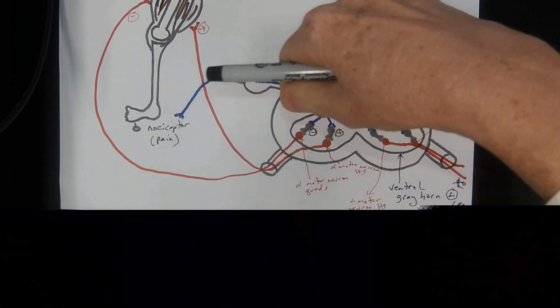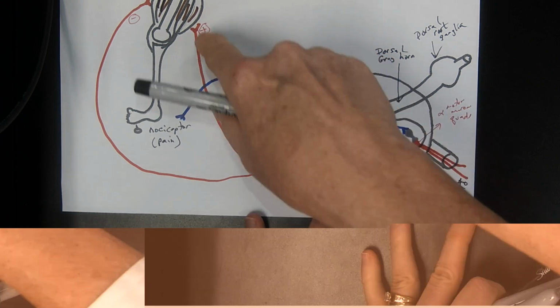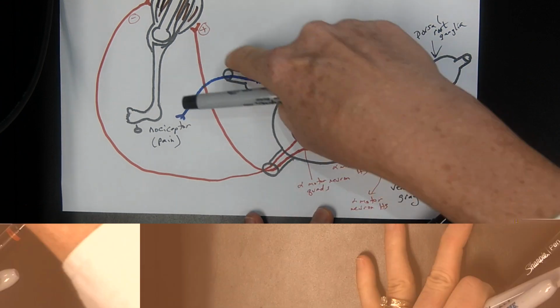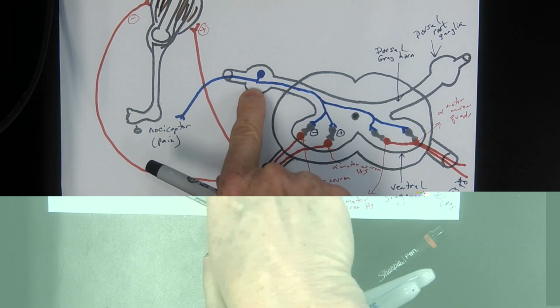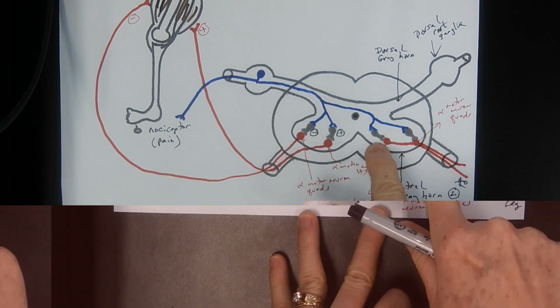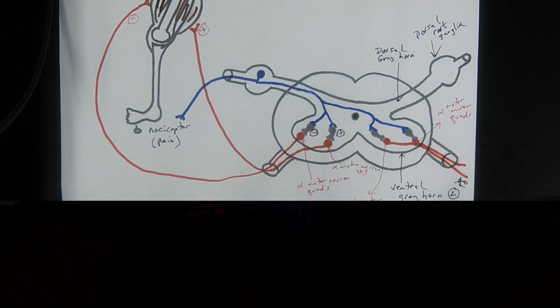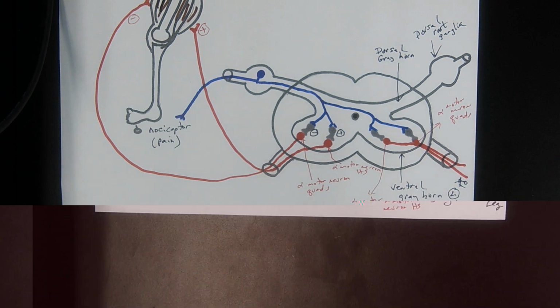So this is the right side of the spinal cord, so motor is going to be ipsilateral there, innervating this leg. But this nociceptor coming in actually crosses over to the other side and hooks up with inhibitory and stimulatory interneurons that innervate the quads and the hamstrings on the opposite side.